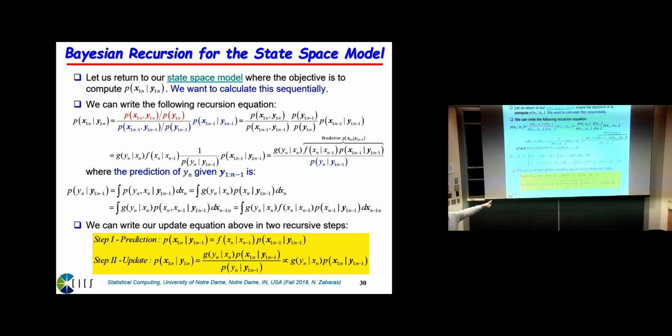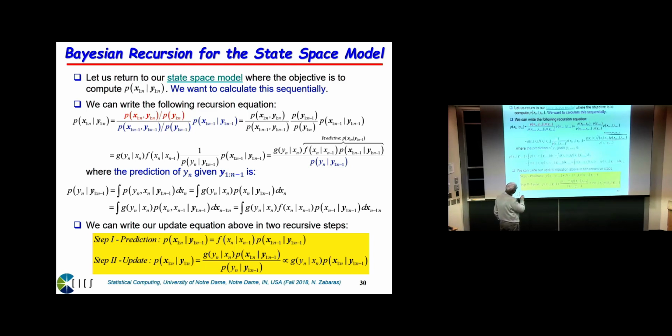It was the mu term first from the initial state, and then the product of all the f terms for the evolution of the state, and then the product of all the g terms. If you expand this thing in the numerator and you expand these things in the denominator, the only difference in that product expansion is the term that gives the probability of xn given xn minus 1 on the top, and then the observation of yn given xn. Everything else cancels out. Yes? All right?